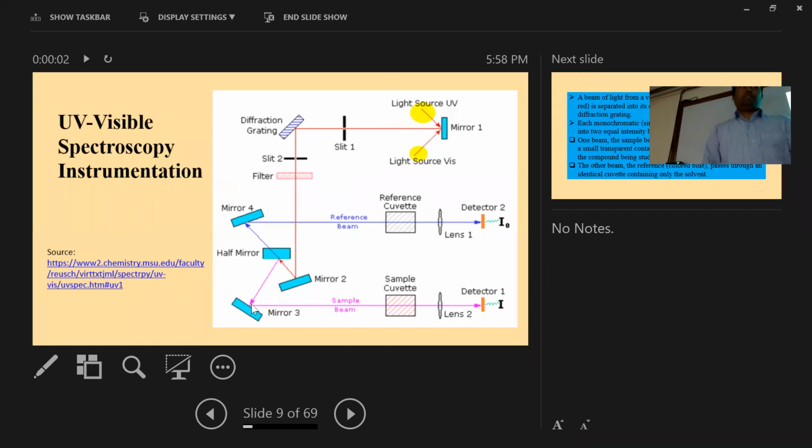Nothing different. If the water absorbs a very little amount of light, then this water also will absorb the same amount of light, and we will observe the same amount of light here.